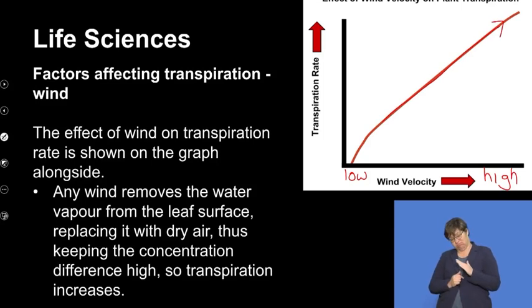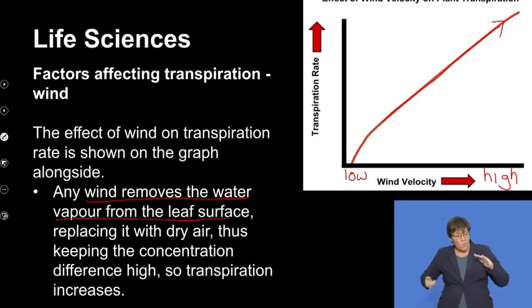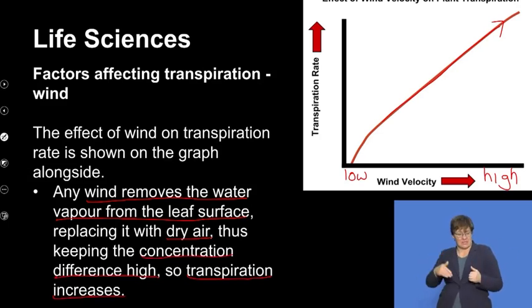And the reason is the wind removes the water vapor from the leaf surface and replaces it with dry air, so that means your concentration difference remains high, so your transpiration would occur more and more quickly. And that is why the more wind there is, the higher the transpiration rate is.